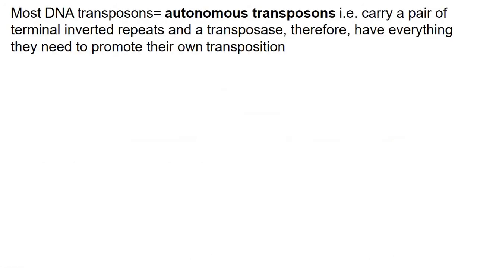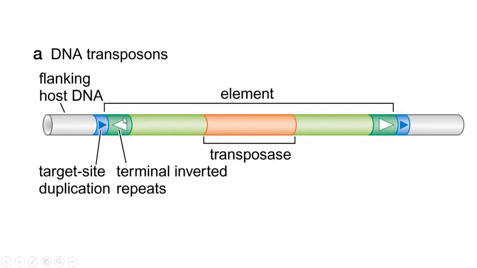Okay. Most DNA transposons are autonomous transposons, which means that they carry a pair of terminal inverted repeats and a transposase. So therefore they have everything they need to promote their own transposition. So here, if the element has both inverted repeats as well as transposase, it's an autonomous transposon. But some transposons lack the sequence that codes for transposase.